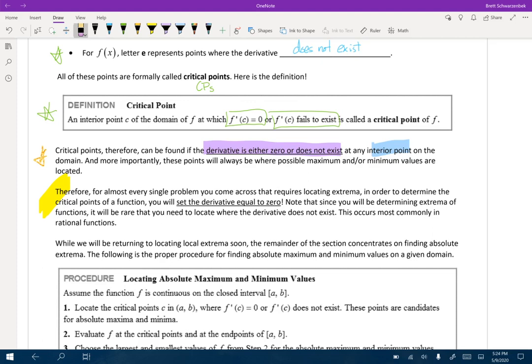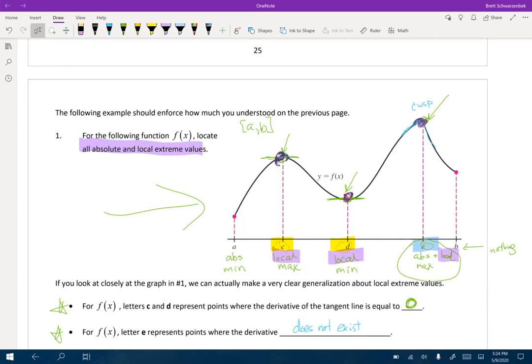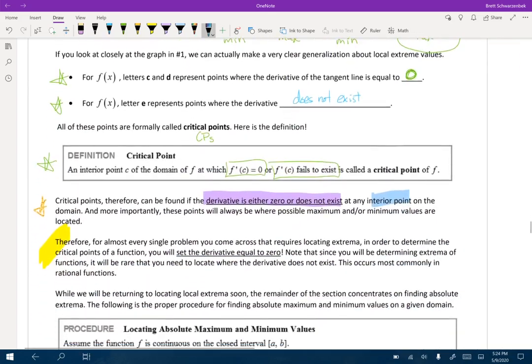Now, it also occurs where the derivative does not exist, but that is very rare in the problems we do. Why? Because do you normally see cusps or corners in typical functions that we manage? Not really. We're normally doing problems that are polynomials, things like that, so we don't have to worry about that type of stuff.